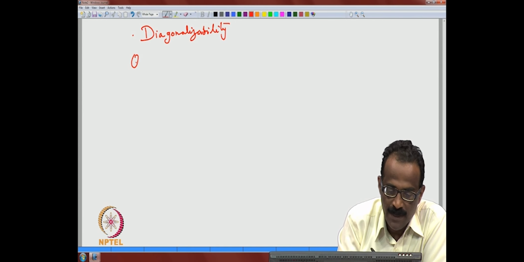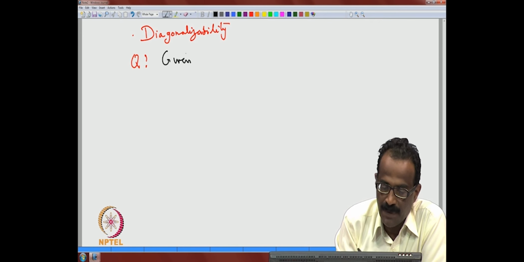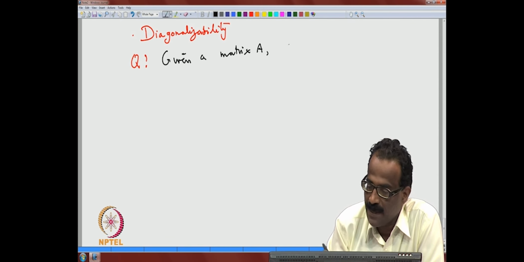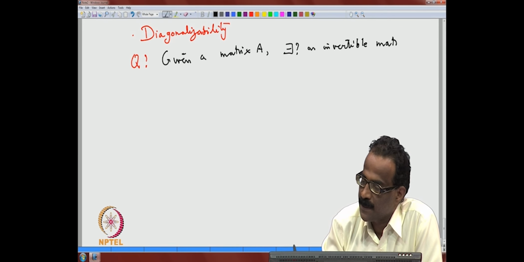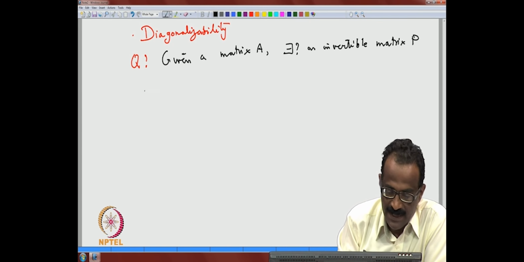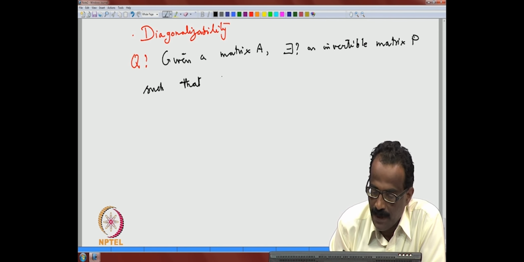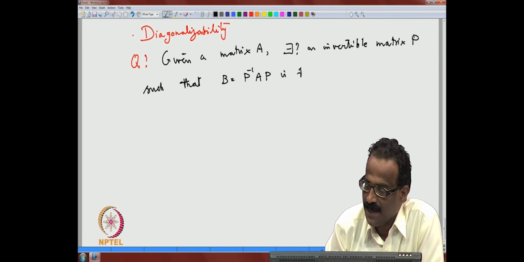So the question is that given a matrix A, does there exist an invertible matrix P such that B equal to P inverse A P is diagonal?